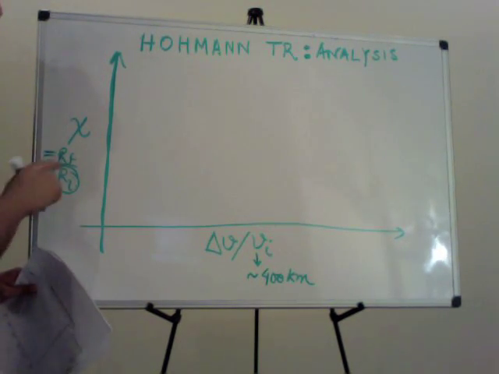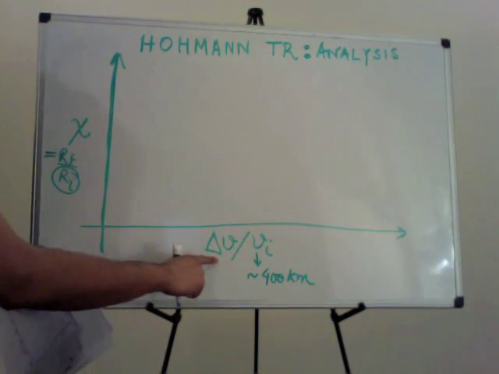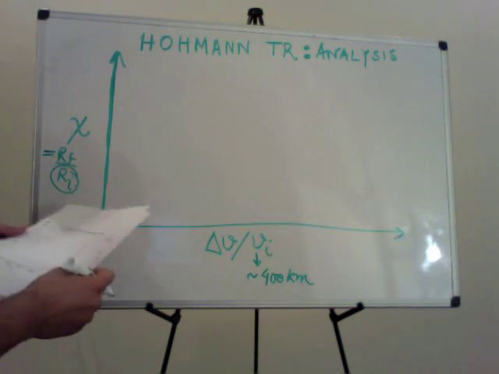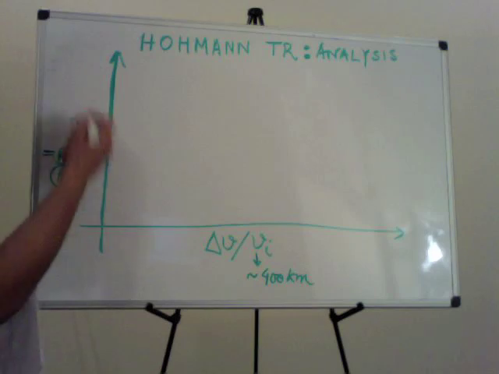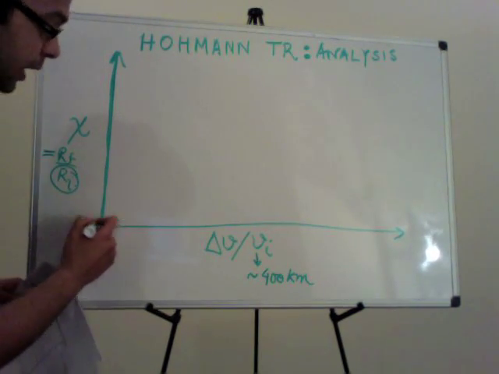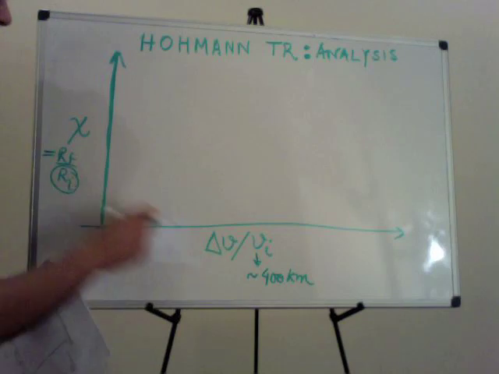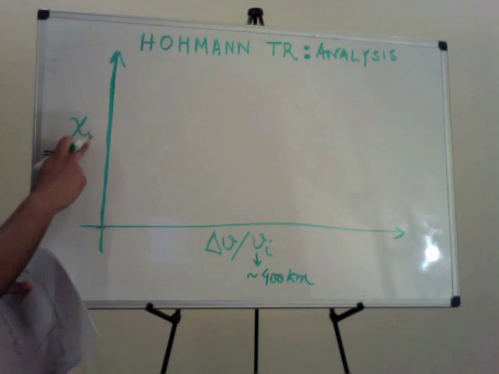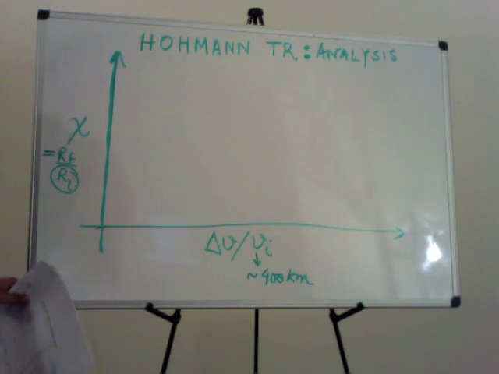What I'm looking for is the rf I can reach given a value of delta V. This plot obviously begins at 1, not at 0, because for delta V equal to 0, nothing happens. So chi is equal to 1, meaning rf is equal to ri.